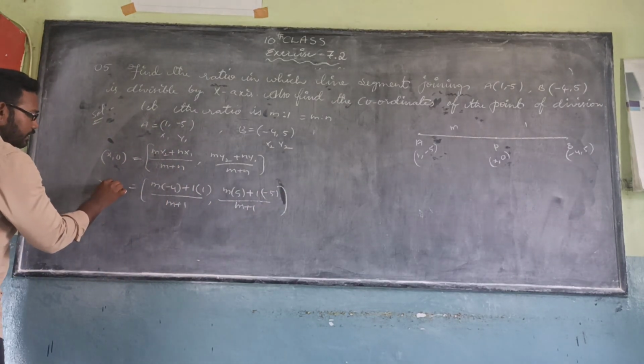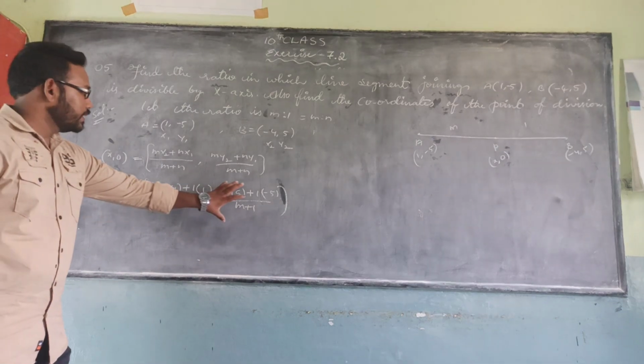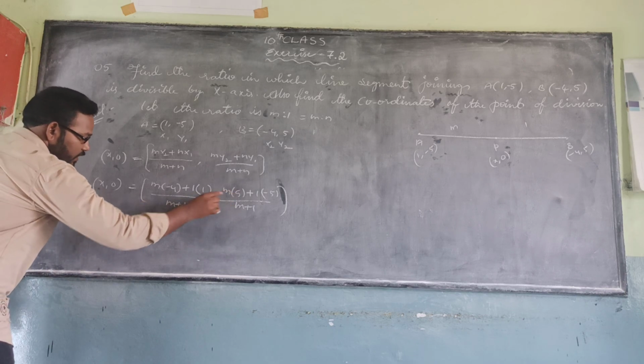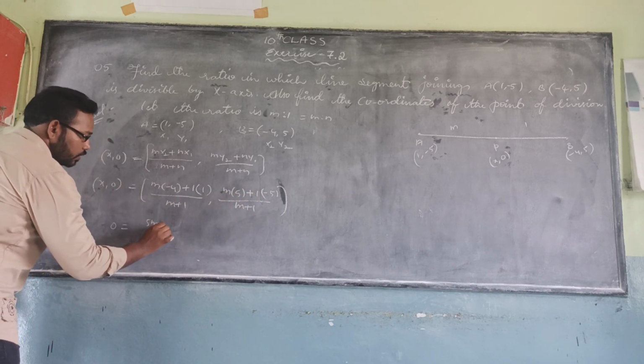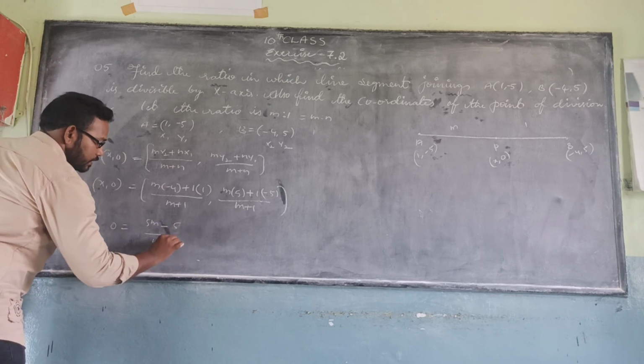So here (x, 0). This is the x coordinate and this is the y coordinate. If you equate the y coordinates, 0 is equal to (5m minus 5) by m plus 1.